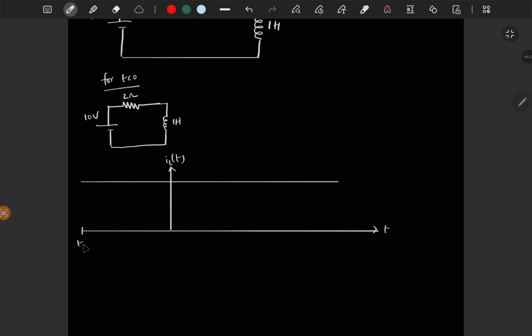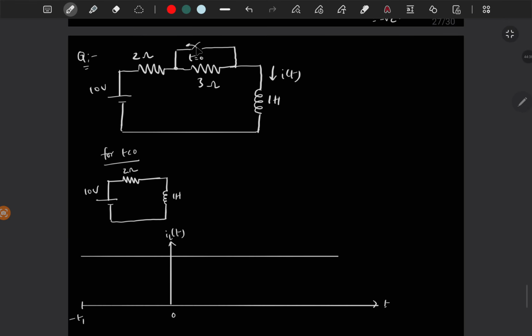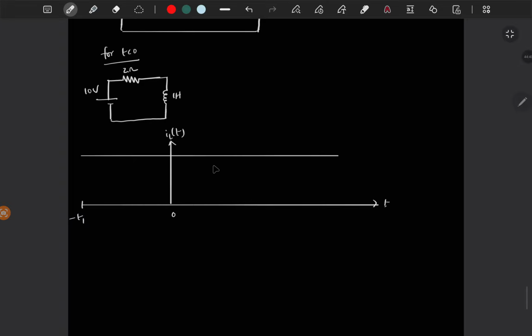Let's say you have applied it at minus t1, and at 0 the switch is open, and this 10 volts is there till t tends to infinity. So the inductor starts charging from minus t1 and this will be charged to some current and it will stay at that current.